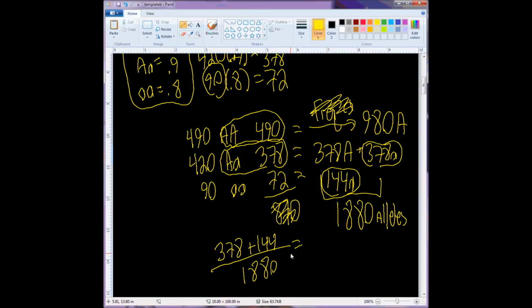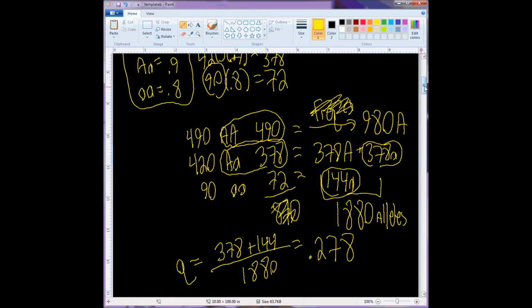Let's see what that adds up to. So 378 plus 144 is 522 divided by 1880 equals 0.278.